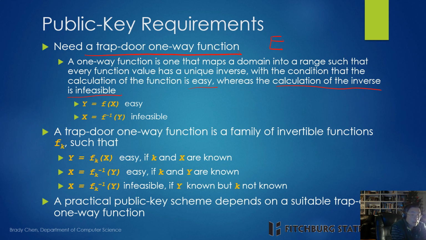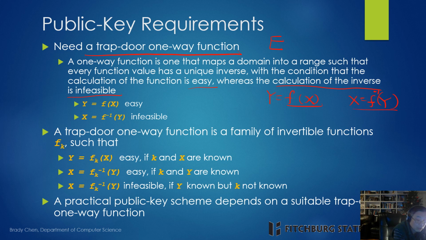So in most cases, say I have an original message x, apply the function f, and I get a y. The calculation of f of x is so easy. Then once I have y, how can I restore x? Typically people use a function called the inverse function, f to the minus 1.